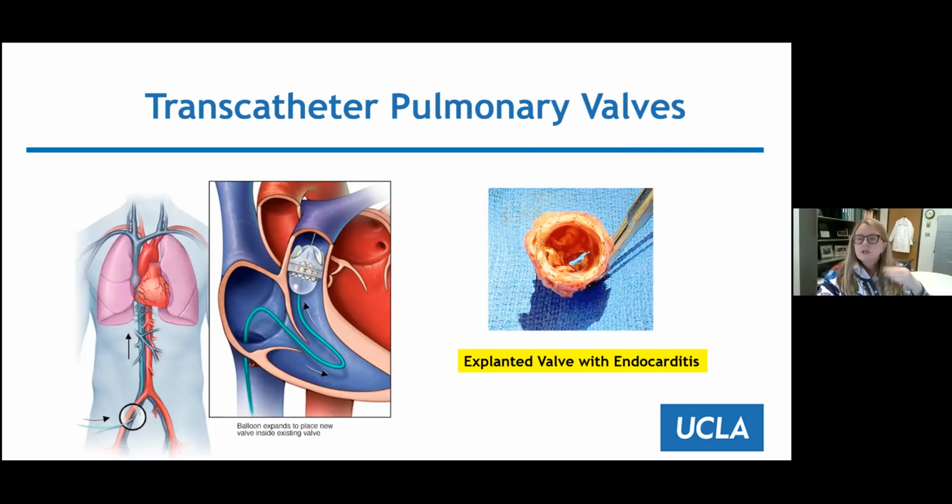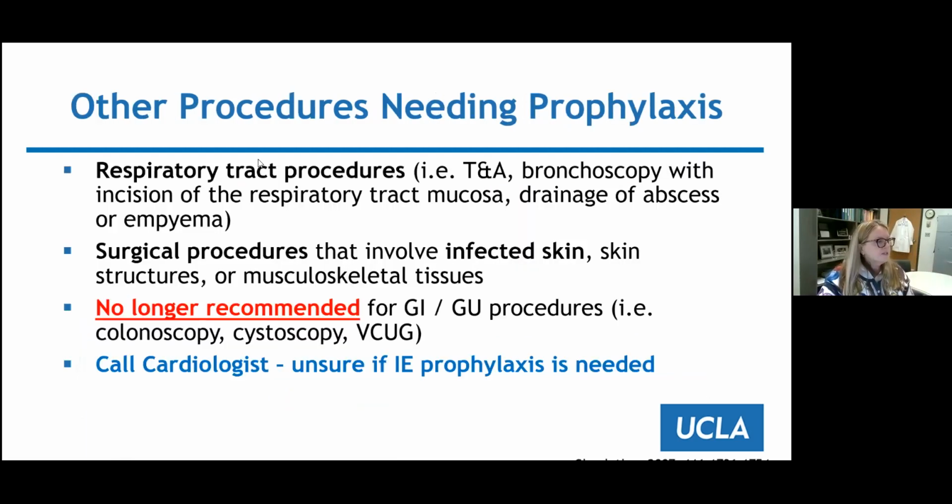In adults, you would see aortic valves like this put in. But for kids, more so, we will only do pulmonary valves at this time. This is a slide with other procedures that need prophylaxis, not just dental, for respiratory tract, tonsils, and adenoid removal.